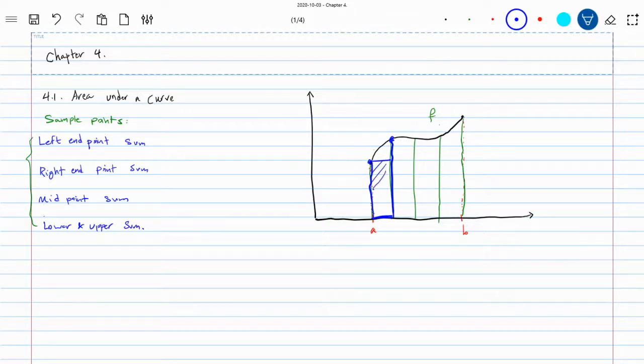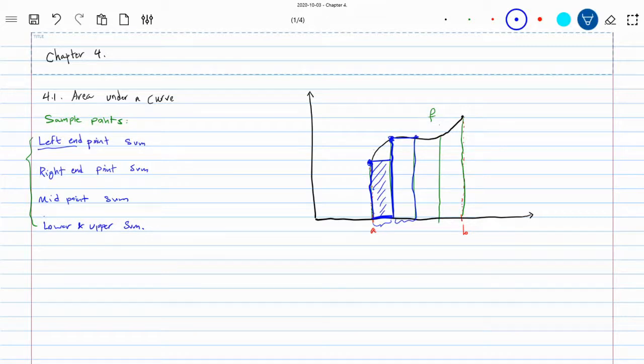So I'll approximate this area with this rectangle. If they say use left endpoint, in each subinterval, I will use the left endpoint as the height to approximate the function. In the next one, I'll use the left endpoint again. Here's an approximation.